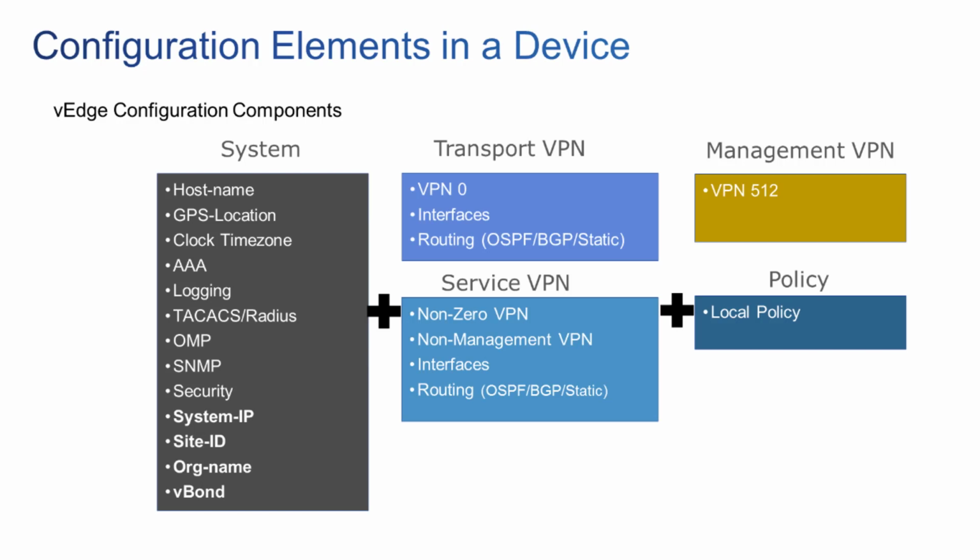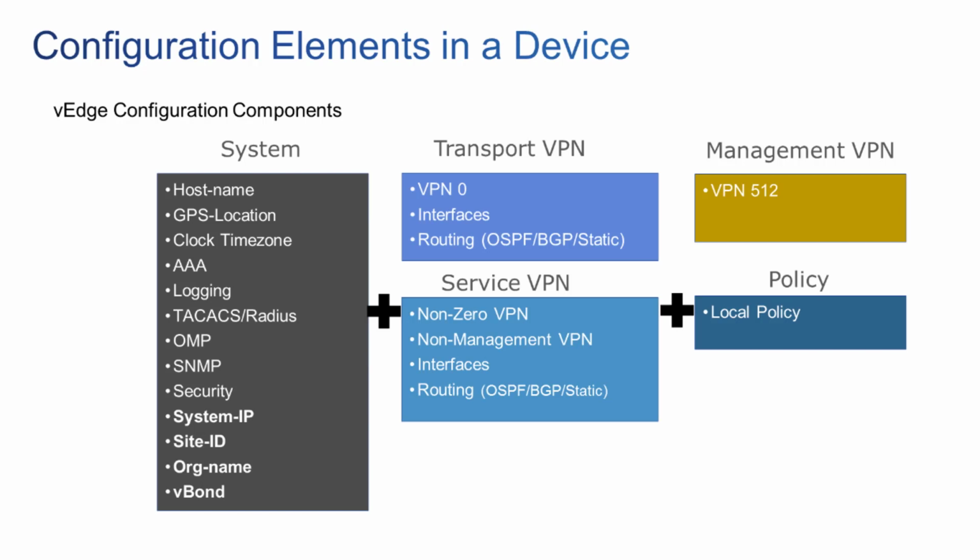The device template itself cannot be shared between different WEdge models because some of the features might not apply to each of those models, but feature templates can be shared across different models. So device templates are specific to a specific WEdge model. We can only apply one device template per device, but those device templates can reference multiple feature templates.